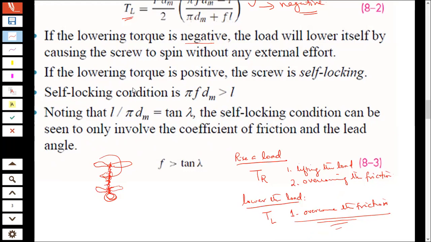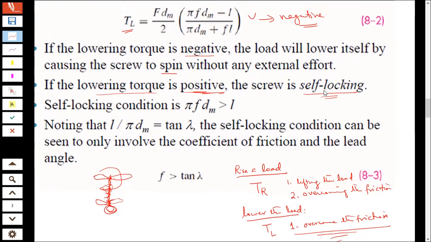We don't want the load to spin down, right? We want at least some torque to be applied, otherwise the load is going to fall down. So what do we want in that condition? Where the torque for lowering is positive, we call that self-locking, and the load should self-lock.